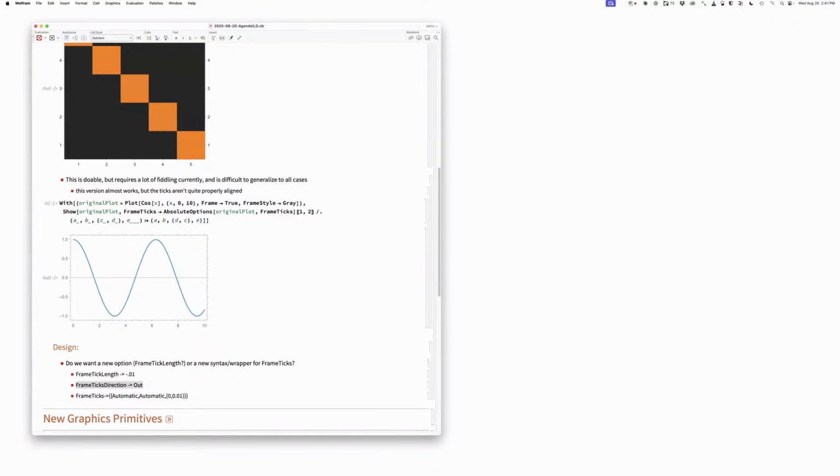And the things that would be in the association would be largely the options to AxisObject, where AxisObject has lots of control over which way things point, is the tick label on the same side of the axis as the tick, or is it on opposite sides? Right now they're on opposite sides by default. But if you're pointing the frame ticks outward, then you want them on the same side still.